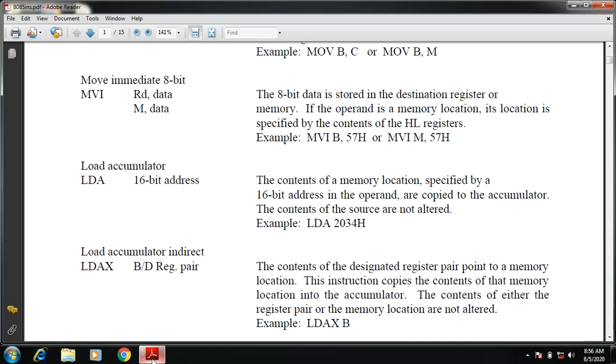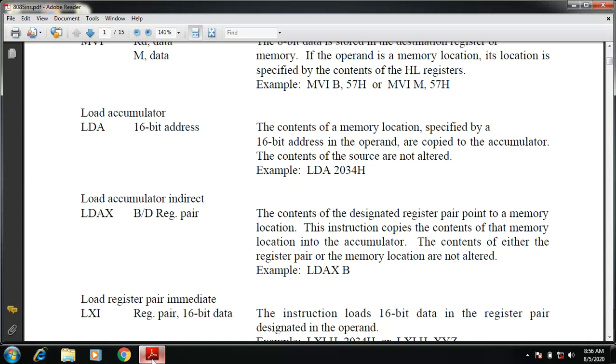Okay, next, LDAX, load accumulator indirect. This instruction copies the content of the memory location into the accumulator.